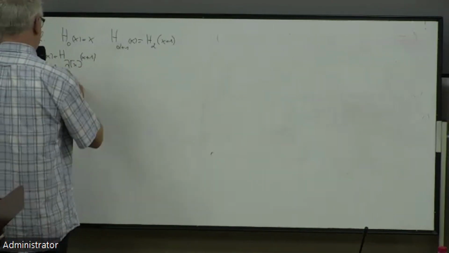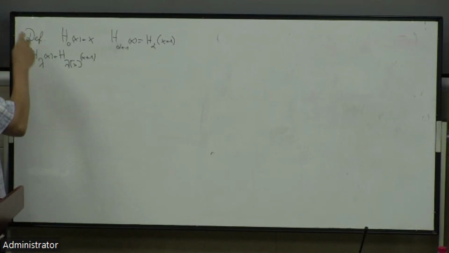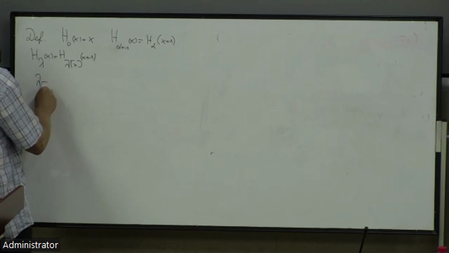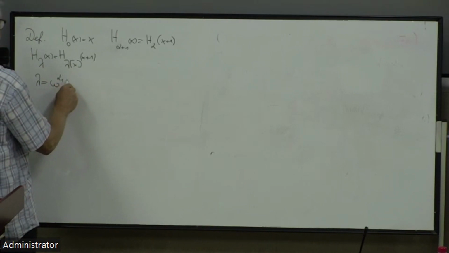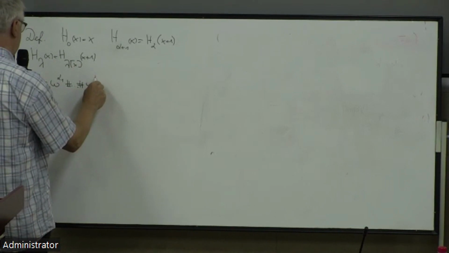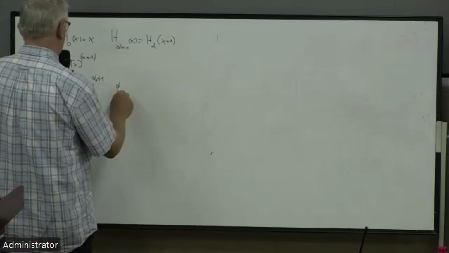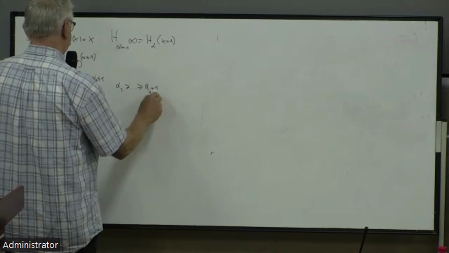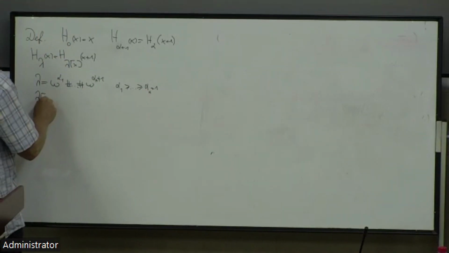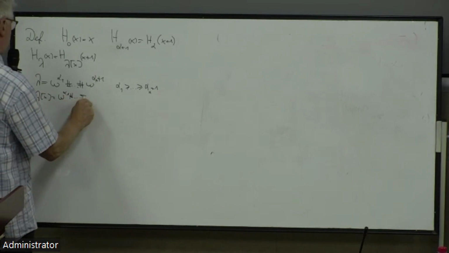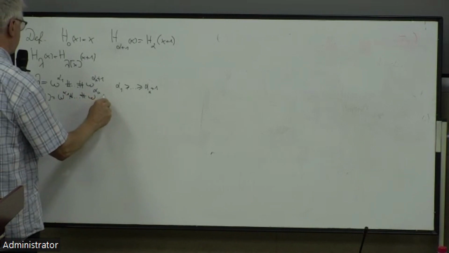Now there are certain undefined notions. What is lambda of x? Well, lambda can have two shapes. Lambda can have the form omega to the alpha_1 plus ... plus omega to the alpha_n, and here alpha_n is a successor, alpha_n plus 1, where alpha_1 is at least as big as alpha_n. In this case, lambda[x] is defined as omega to the alpha_1 plus ... plus omega to the alpha_n times x.